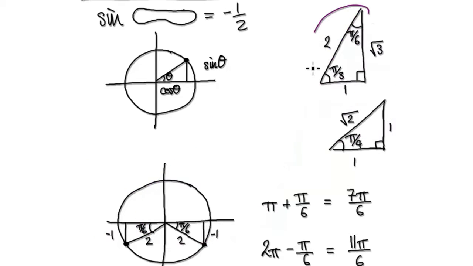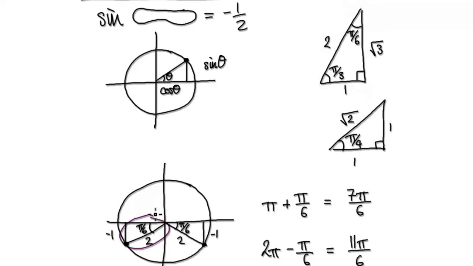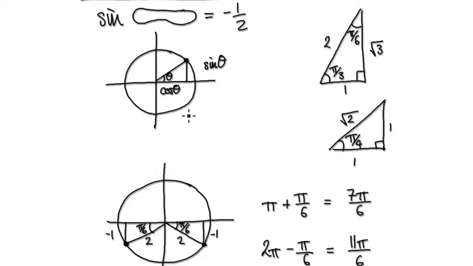The point is that this triangle is right here. If you look at this triangle, don't forget this is sine here. So you can say sine pi over 6 is negative 1 over 2. The point here is that you're trying to solve this thing here. Your first solution would be this.